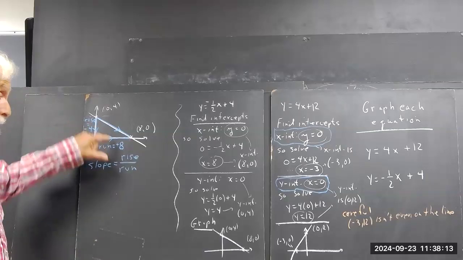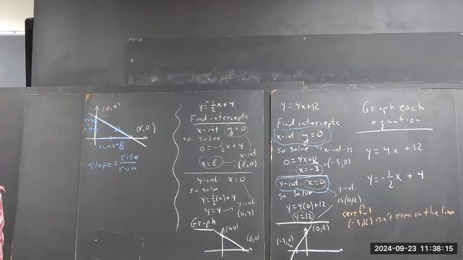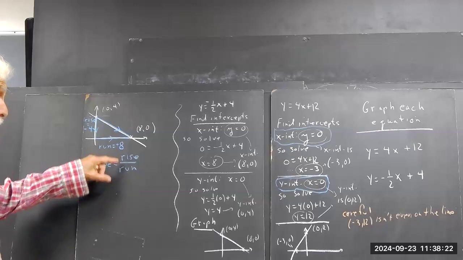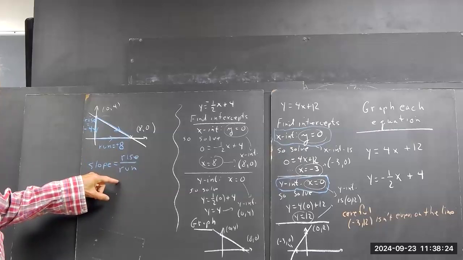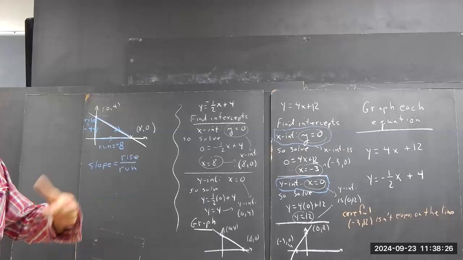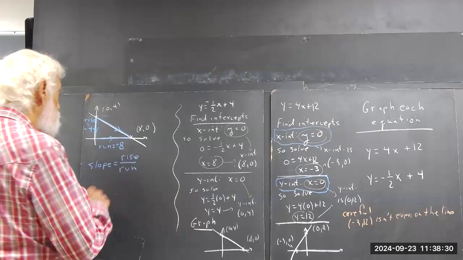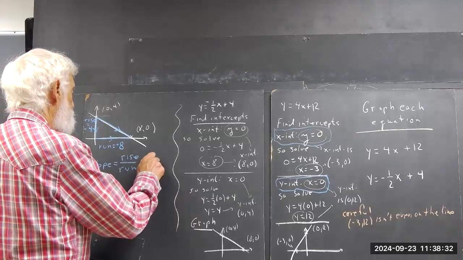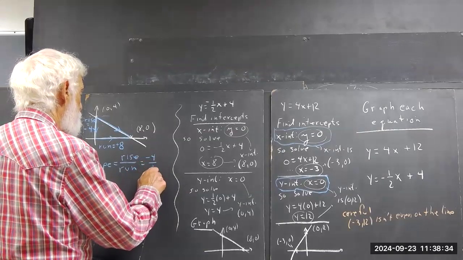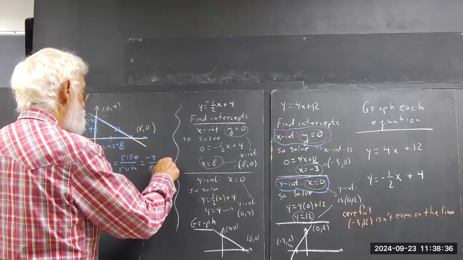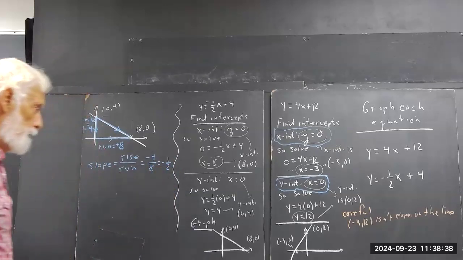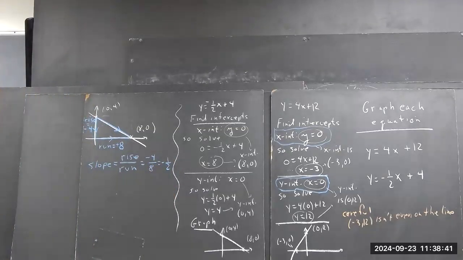In this picture is a basis for understanding it. So we start with this definition, and we'll come up with a formula. So what's the rise divided by the run? -4/8, which is -1/2, right?